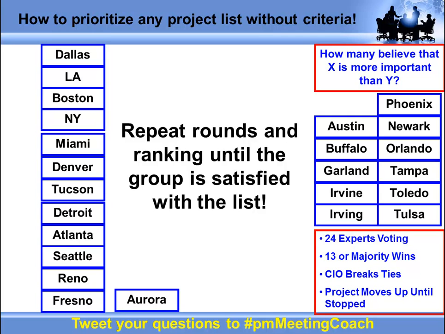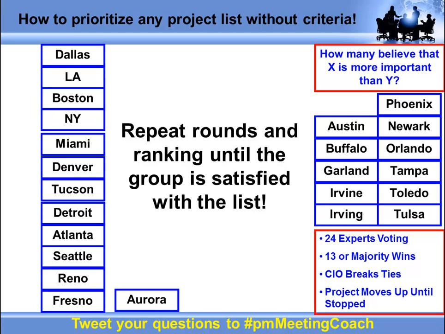Generally, after they've gone through at least 2 or 3 rounds of ranking, they realize that they've already found the most important projects. They also realize that there's no need to rank projects 50 through 200 because they might only have the capacity to do projects 1 through 10 or 1 through 20.